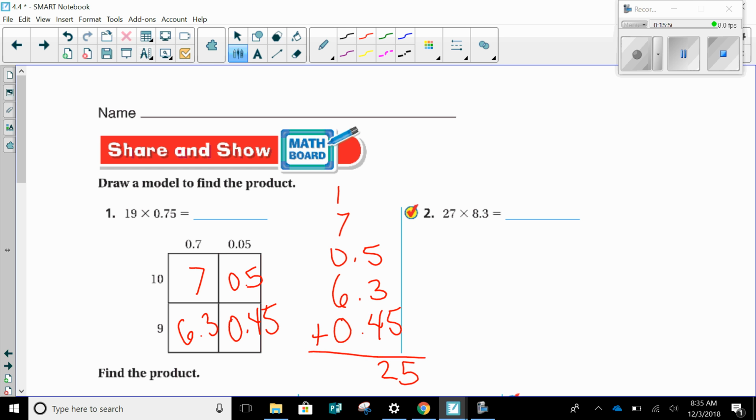Carry 1. That's 14. I need to bring down my decimal point. So my answer is 14 and 25 hundredths. Okay. And I don't know why I just did 1 because I didn't ask you to do 1. So sorry about that.